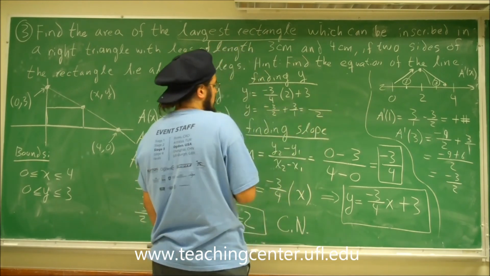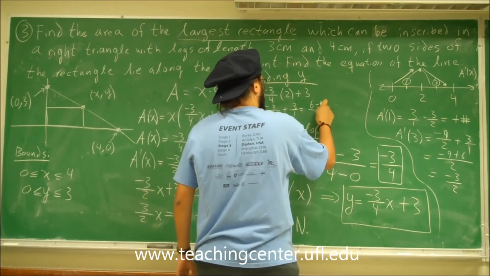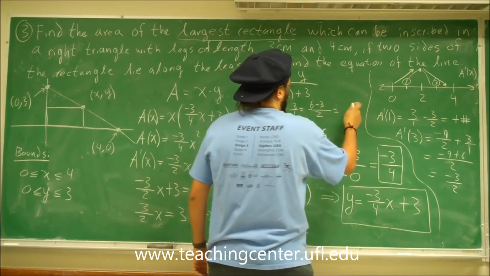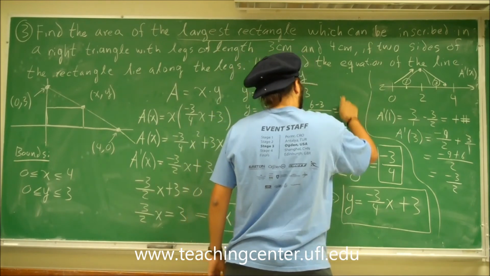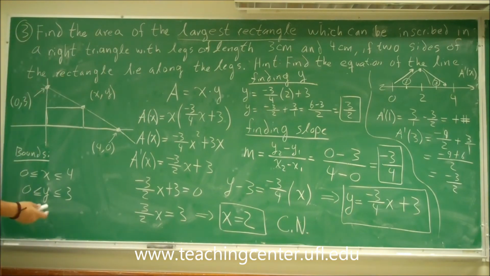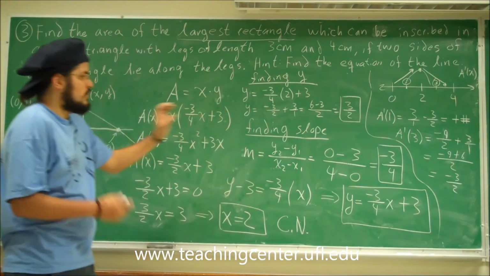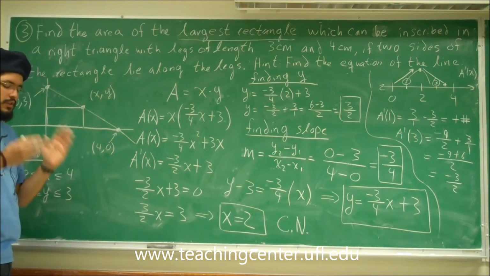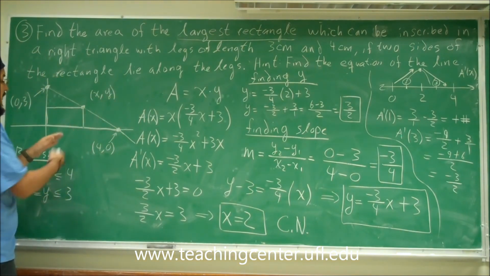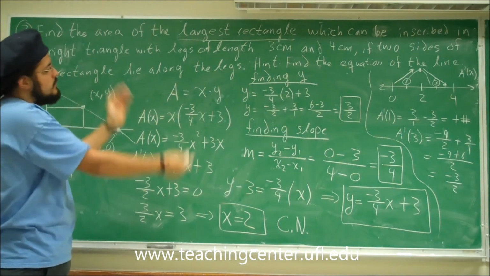And that's going to be, let's see, 6 minus 3 over 2, so that's going to be 3 halves. So y will be 3 halves. We have y is 3 halves and x is 2. Those are the x and y values that will produce the largest area for this rectangle.